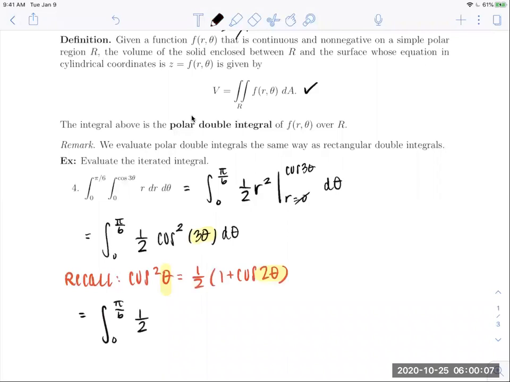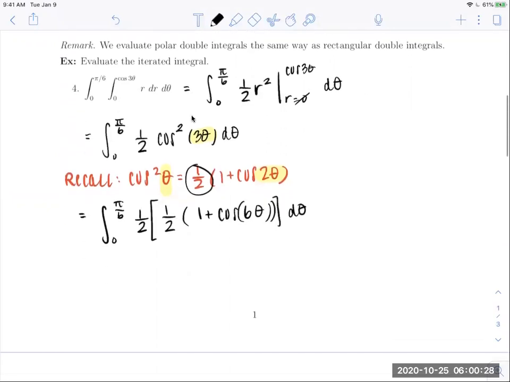So I have my 1/2, and then applying that half angle formula, I get my second 1/2 right here, and then 1 plus cosine of 6 theta, d theta. All right, so in other words, I have 1/4 integral from 0 to pi/6 of 1 plus cosine 6 theta.